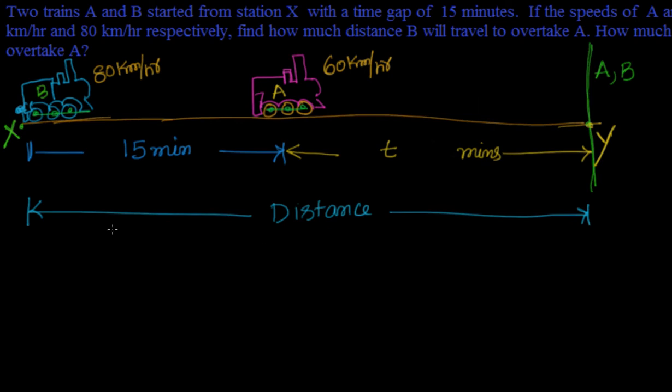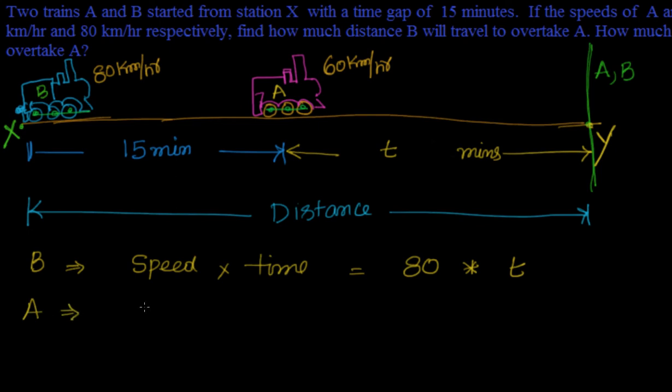We can equate the distances here. So first let us check with B. For B, distance equal to speed into time. B speed is 80 kilometers per hour and the time it needs to overtake A is only t minutes. Let us now look from A's perspective.